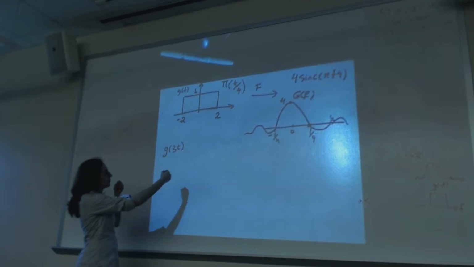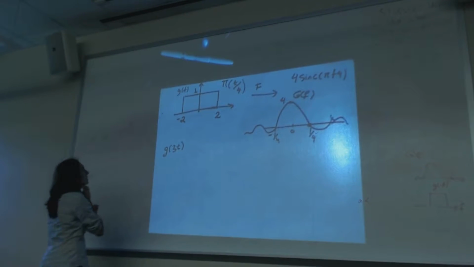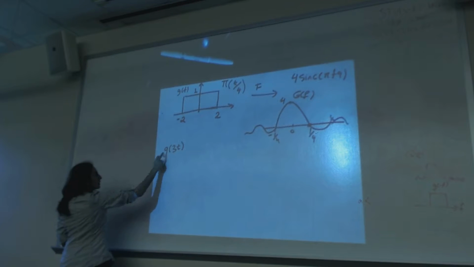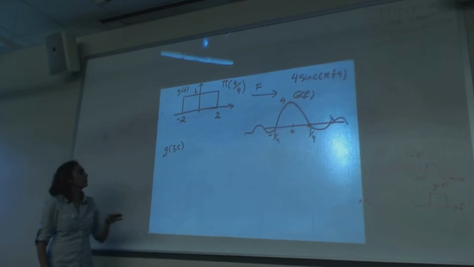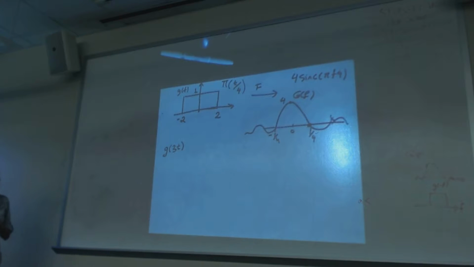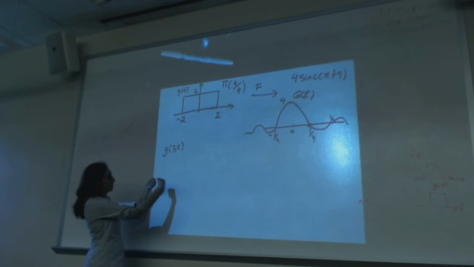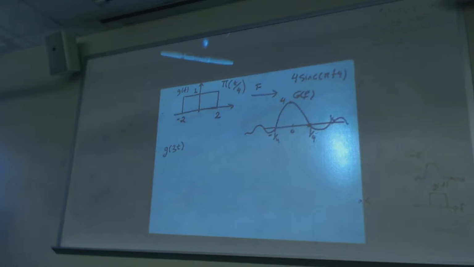So am I stretching or compressing? If I have only g of 3t, it's compressing, right? Because everything has to be divided by 3. So I'm just compressing here.